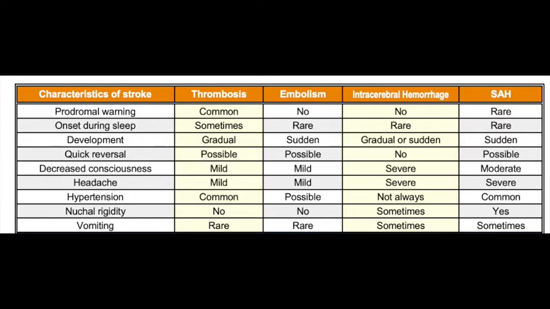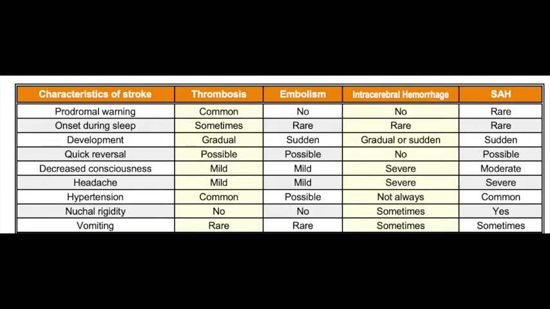So just like our heart attack patients where they have angina without necessarily having a heart attack, that's an indicator that they're at risk for having an actual heart attack. So as far as onset is concerned, it can really happen anytime. Sometimes it happens while they're sleeping, sometimes not. And the development is gradual. Again, typically these patients have a series of mini strokes before they have the big one.